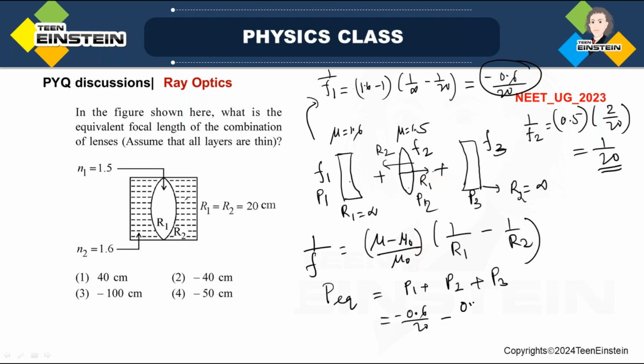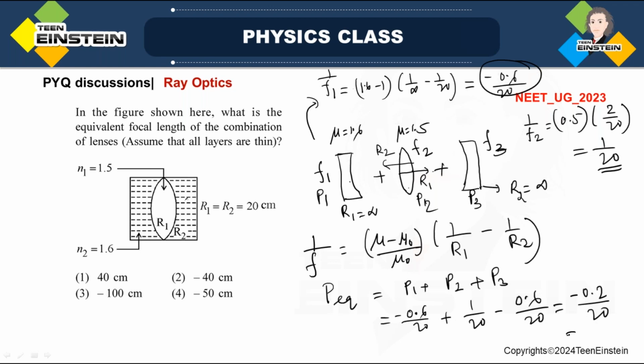Minus 0.6 by 20. I'm sorry, this is for P3. It is 1 over 20 with a positive sign, 1 over 20, and this is again minus 0.6 by 20. So this will give you minus 0.2 divided by 20, right?